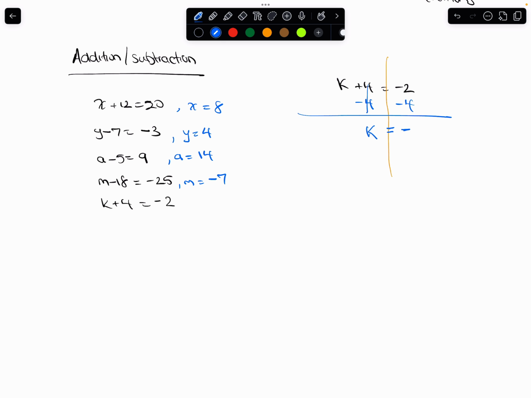Same sign, so we keep the sign, and we just do regular addition. 4 plus 2, which is 6, because same signs add. Different signs subtract and keep the sign of the bigger number. K equals negative 6. So if you got these answers for your addition and subtraction for one step, you're doing good. Now we can do our multiplication.